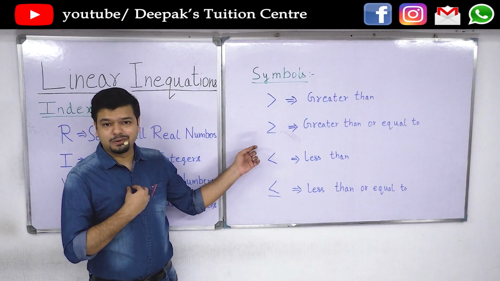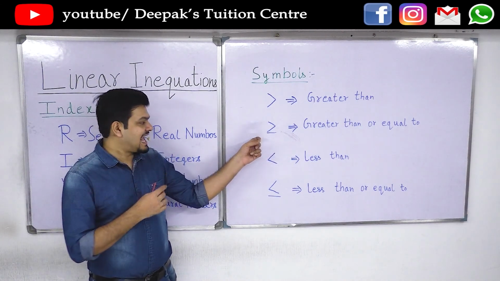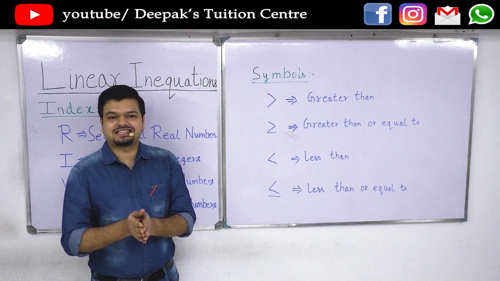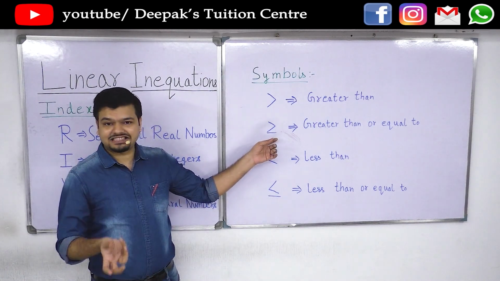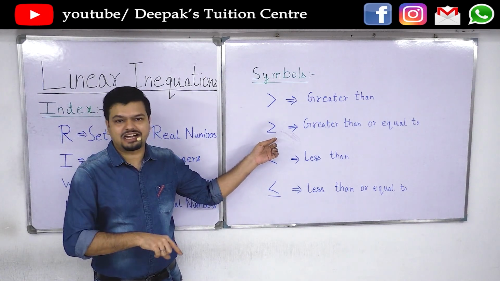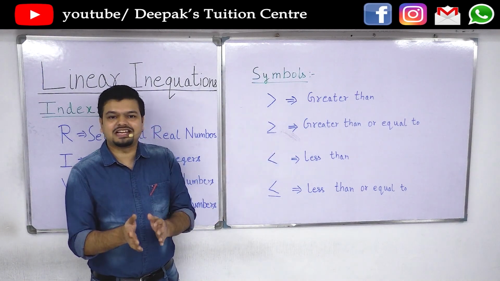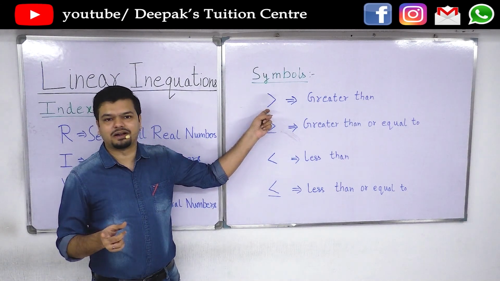But if I want to include 3, I will have to use this symbol, that is x greater than or equal to 3. So if I say x is greater than or equal to 3, I am trying to say that the value of x is either greater than 3 or is equal to 3. So 3 is included in the value for x. But in the previous case, 3 was not included.